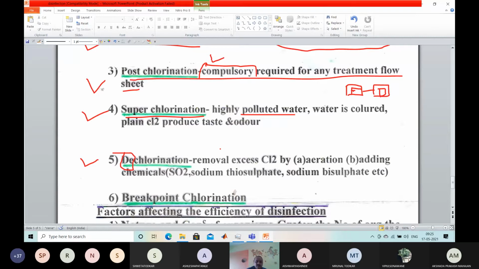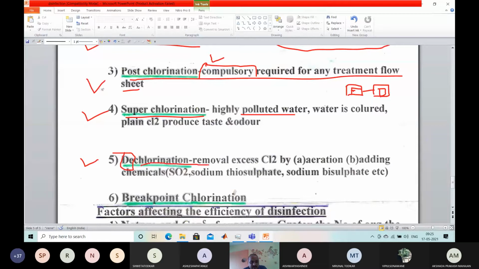For example, in a swimming tank where they apply chlorine, you can immediately observe something different or objectionable, an easily identifiable smell. To avoid that smell, an optimum dose of chlorine must be provided, and if the dose is excess, the chlorine needs to be removed. That is dechlorination.